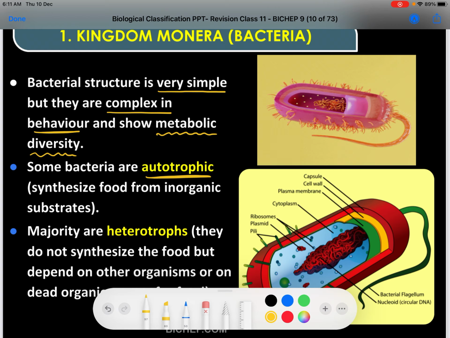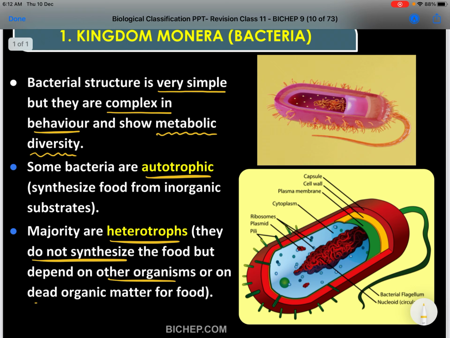They absorb many different types of inorganic substances from their surroundings, and they form organic compounds within their body. And the majority of them are heterotrophs, which are unable to synthesize their own food. They depend on other organisms or dead organisms for their food.